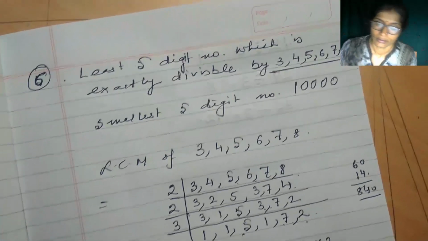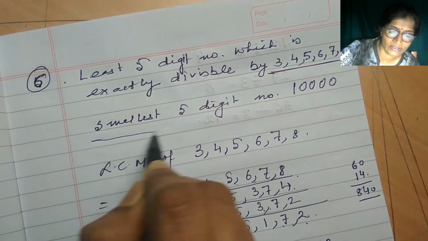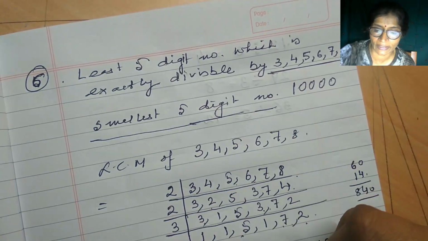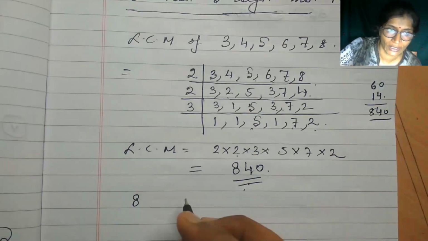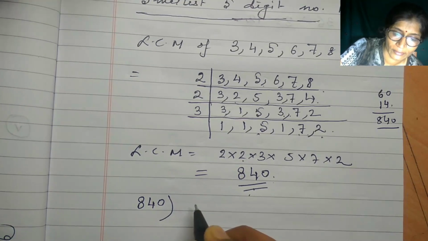But here I have to find the smallest 5-digit number which is divisible by this.